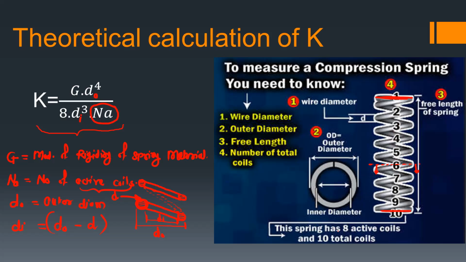But the number of active coils we should take as 8, because this coil is connected with the mass, and this coil is connected to the fixed support. So there will not be any deformation of the first and last coil. The remaining coils will undergo the deformation. So we should consider the active coils as 8.